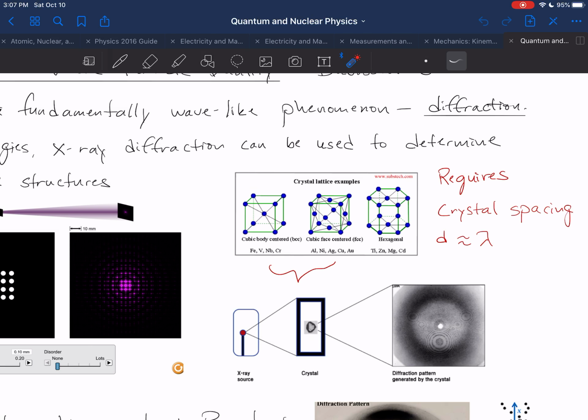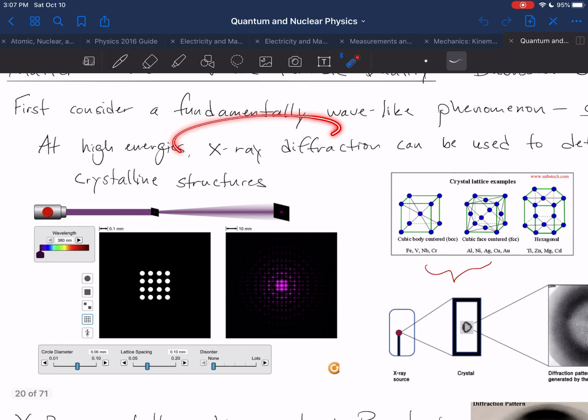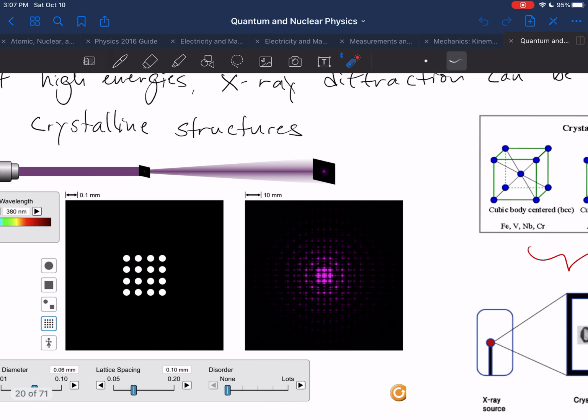This is a lot like using the double slit experiment, with a known wavelength of light, to determine the spacing of the slits. This is very similar, just in 3 dimensions, using X-rays and probing crystalline structures. And you can see this here.